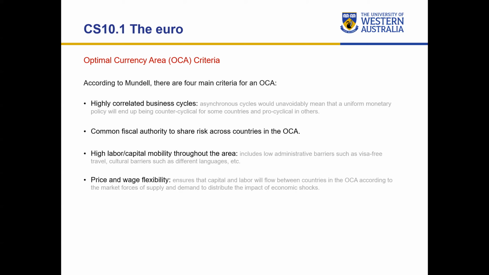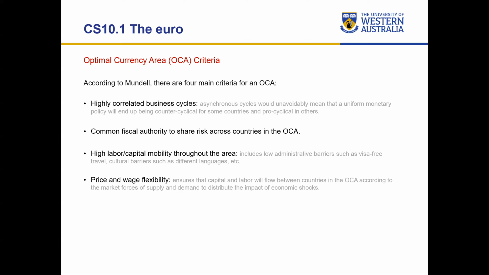If you set them too low to help the countries that were moving into contraction, you'd just be fueling additional inflation in the countries that are booming, and vice versa. If you set interest rates too high, you would then be causing untold damage to the countries that are moving into contraction. So in that situation, interest rates have to be kept fairly neutral to avoid doing damage in one of those groups of countries.